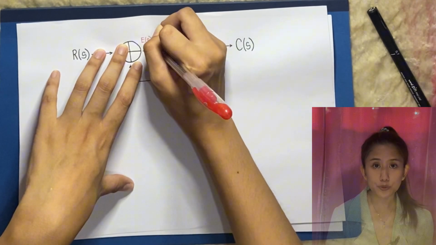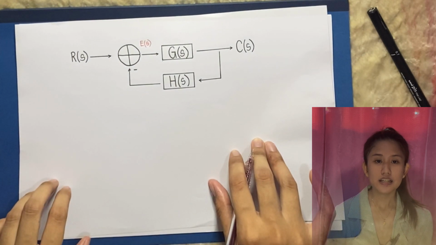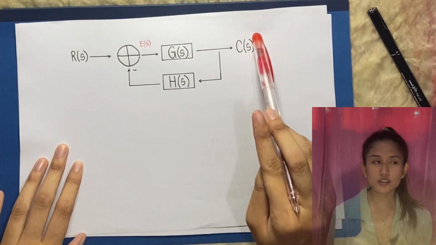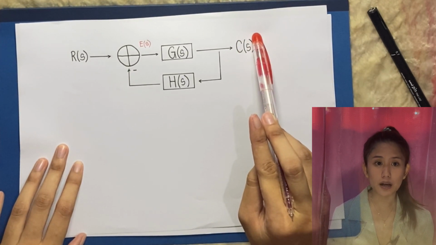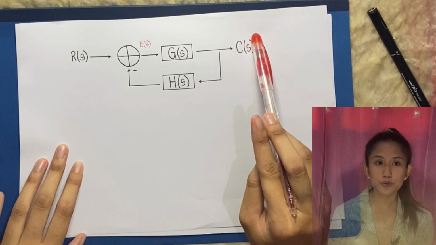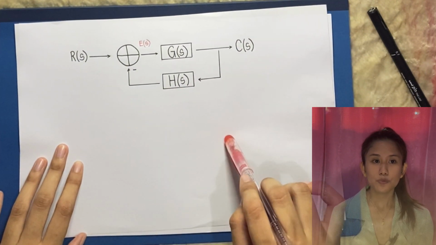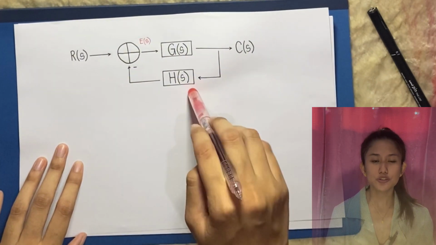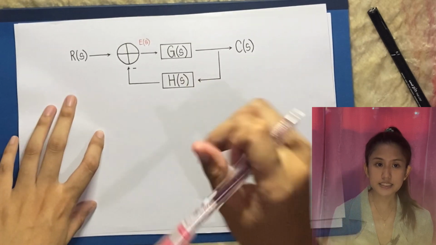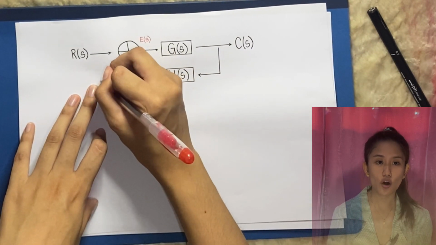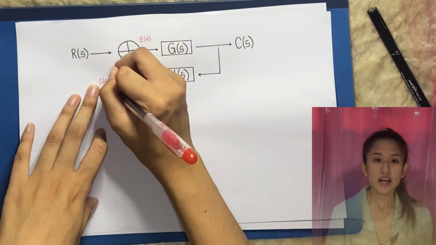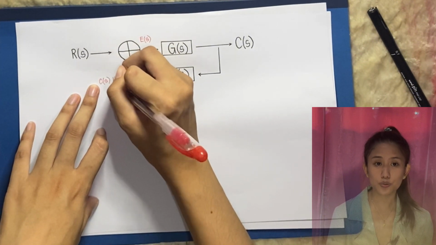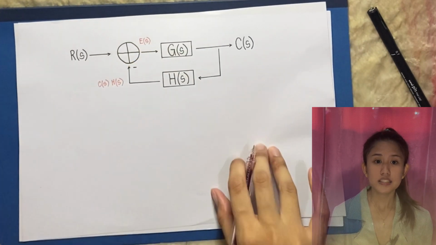Now, this output C of S is the input of the feedback system. So, what will be the output of this feedback? The output of this feedback will be the input C of S into the transfer function H of S. So C of S times H of S will be the feedback signal.